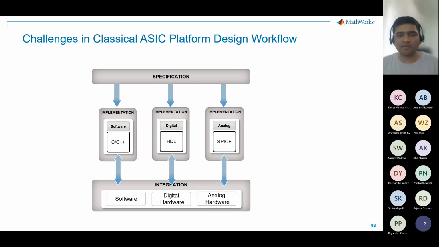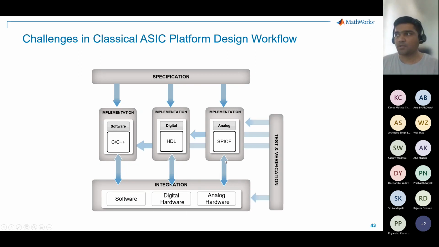There would be teams with different skill sets trying to model and simulate, and very often they work in silos. What ends up happening in that case is errors are typically found only when you go towards integration.